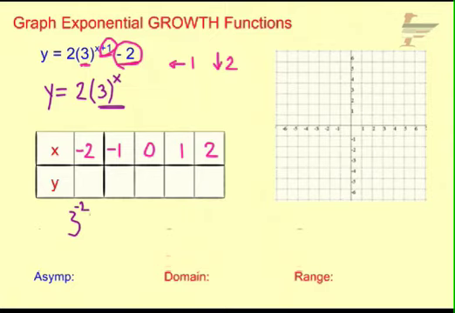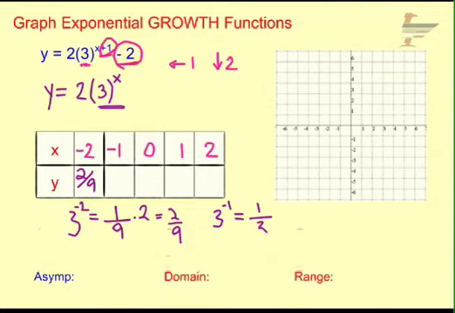So 3 to the -2, remember we bring that to the bottom, so it ends up as 1 over 3 squared, which is 9. And then we multiply that times 2, so we have 2/9 for our first point. And then 3 to the -1 power, that negative exponent, we bring it to the bottom, so 1 over 3 to the first times 2, which gives us 2/3.